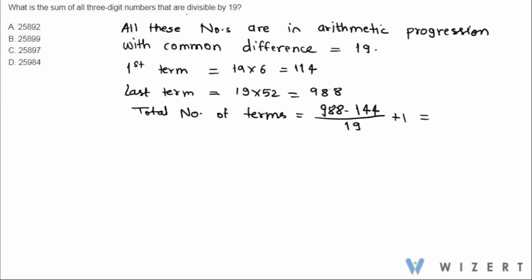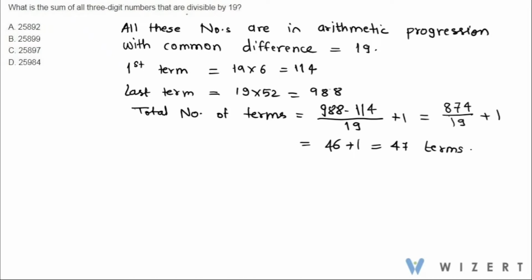So 988 minus 114 is 874, divided by 19, 19 fours are 76, then we are left with 114, that is 19 sixes are 114. So 46 plus 1 equal to 47 terms.